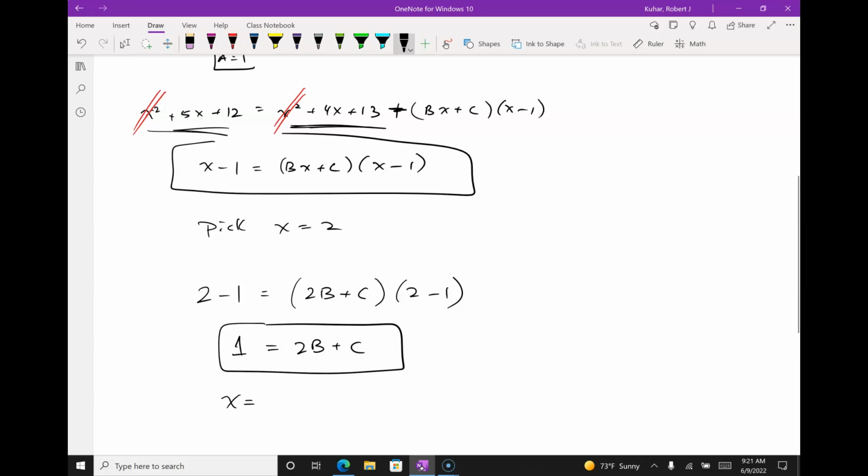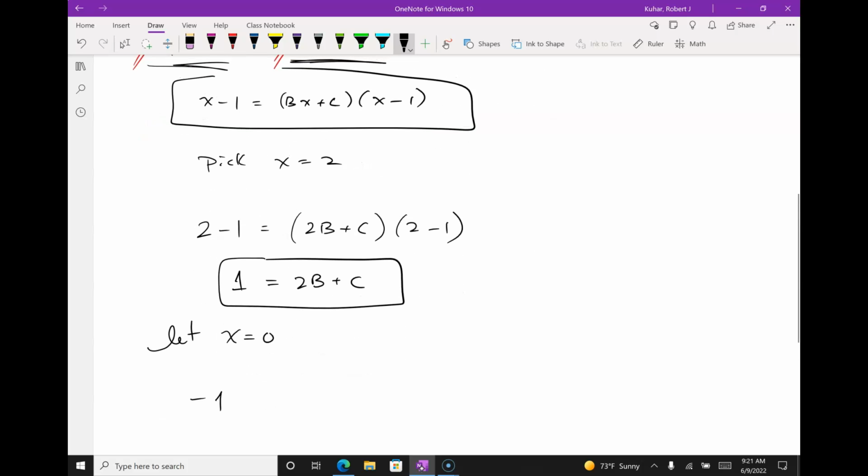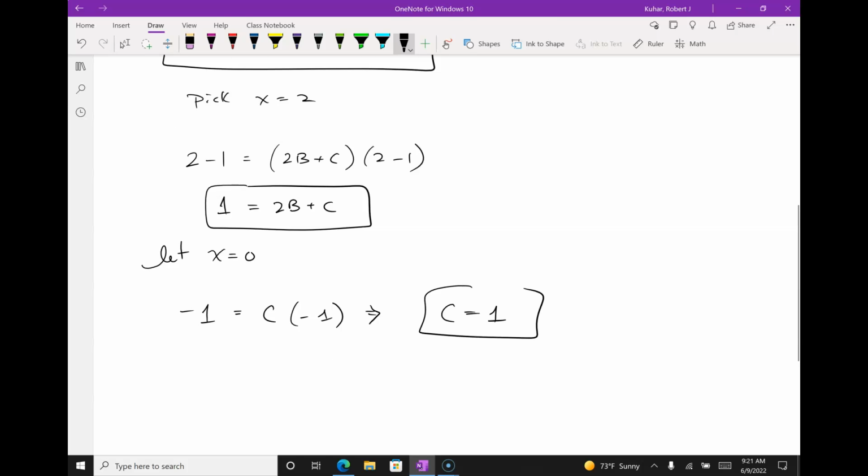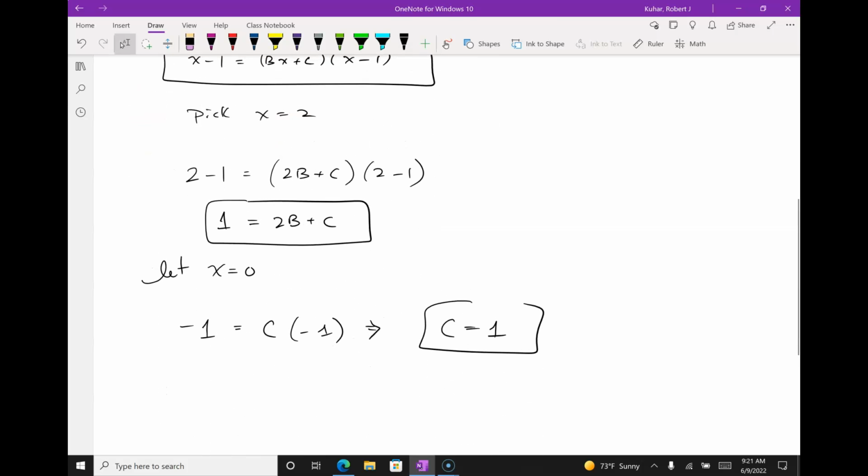I like x equals 0. Yeah, it might have been better to do that first, because now I see that c is just 1, right? Nice, so I got a is 1, c is 1, now I can find b, right? So b is 0.